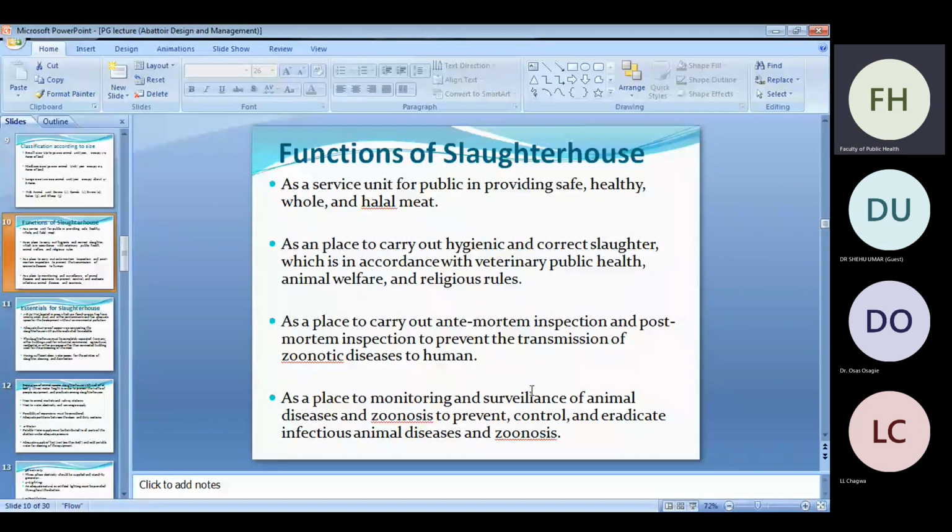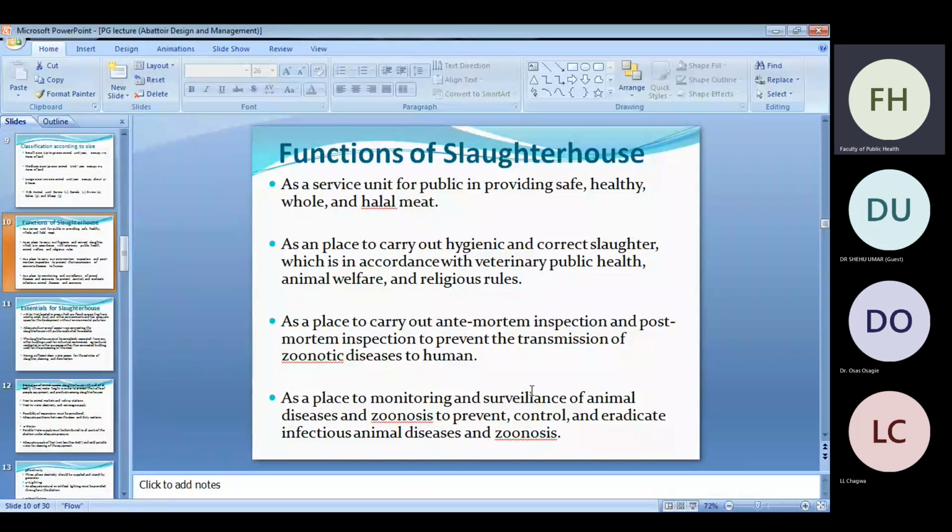Here we carry out hygienic processing and hygienic slaughter, everything is done hygienically in a way that the outcome of the slaughter activities does not bring about transmission of zoonotic disease to the consumers of meat or meat products.